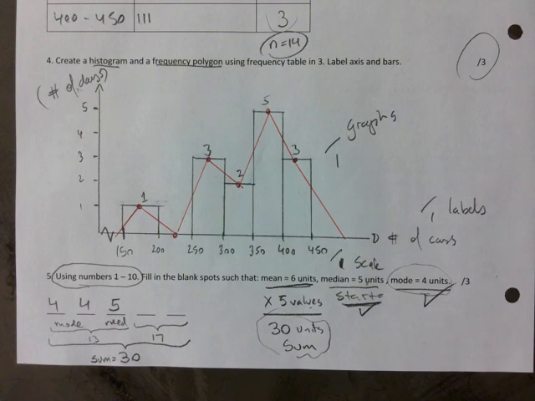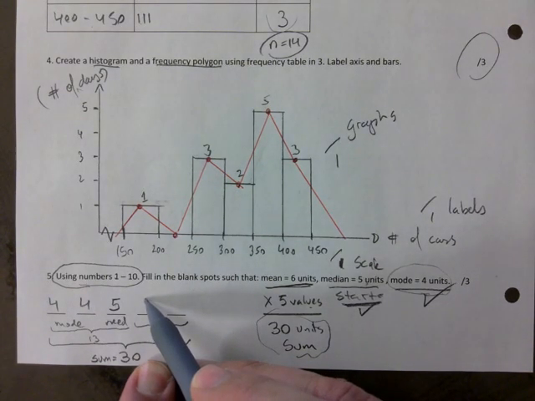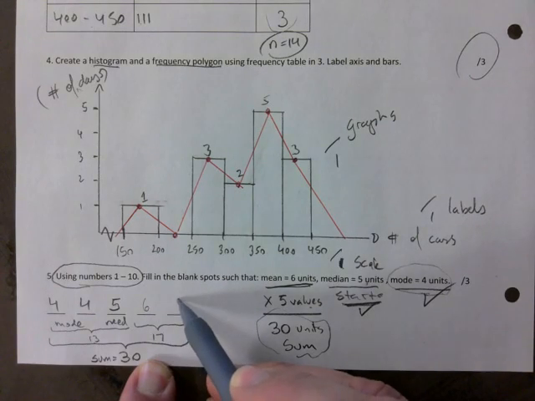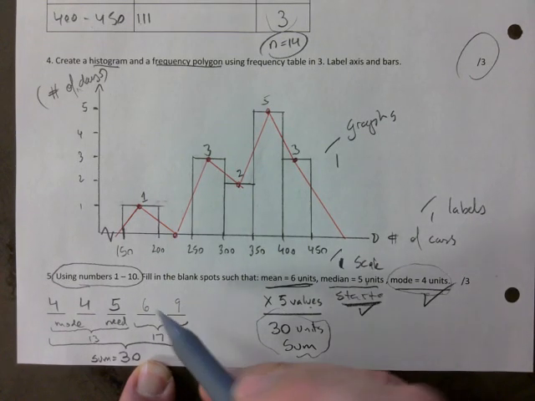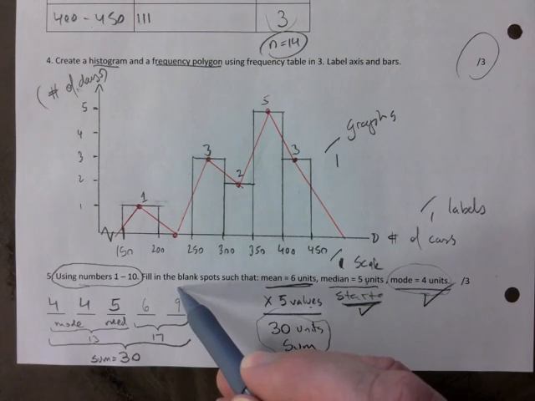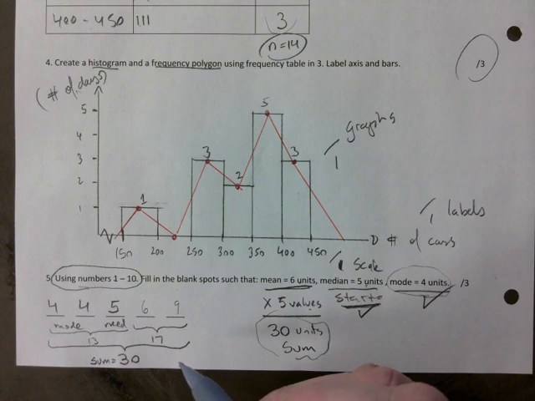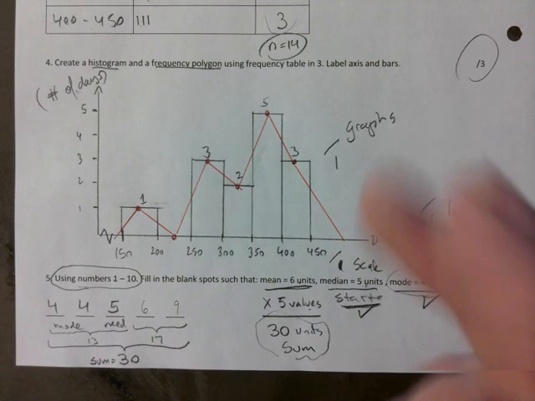So now you have options. So you could do 6 and 9. If you did 5 and 10, you're in trouble because then you have 2 5s, and now you have another mode. So 10 and 5 is actually not an option. No, sorry, it's not 9 and 6.